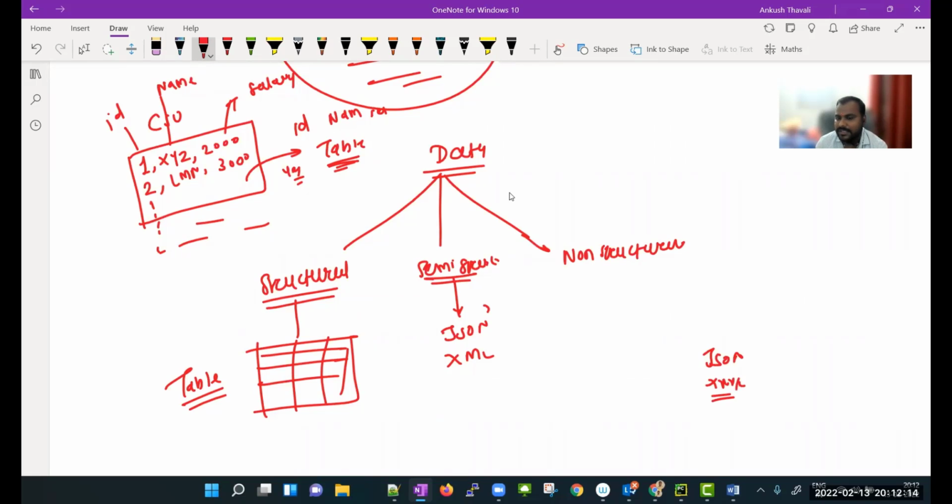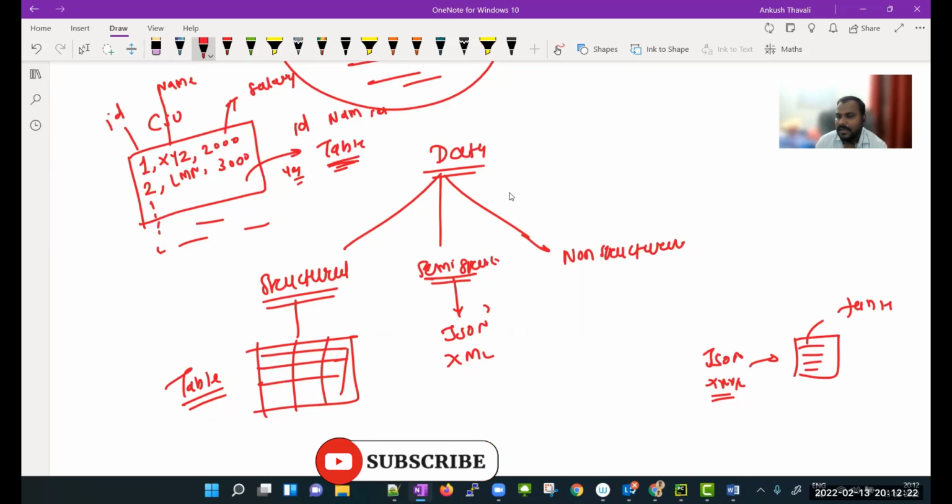Let's say we have a JSON file or an XML file. We need to convert it into some format, and after that you can place it into the table. You should know that earlier versions of the Oracle database were not able to process semi-structured data like JSON and XML. Nowadays, with the current version, it is possible.